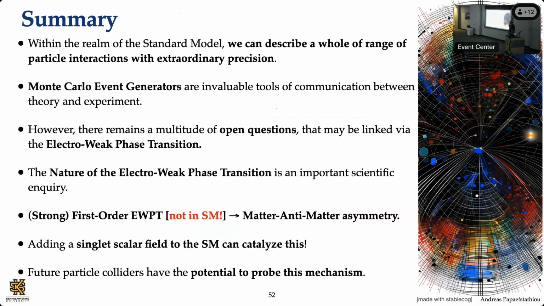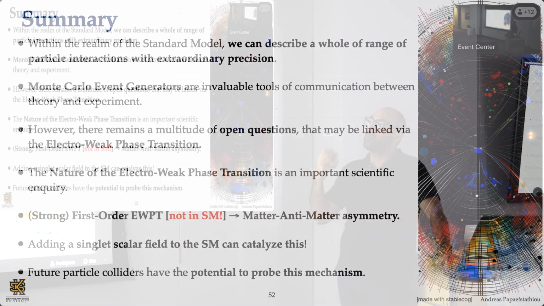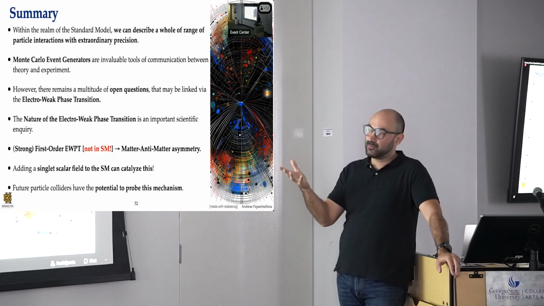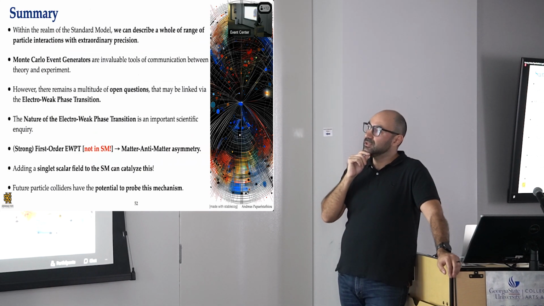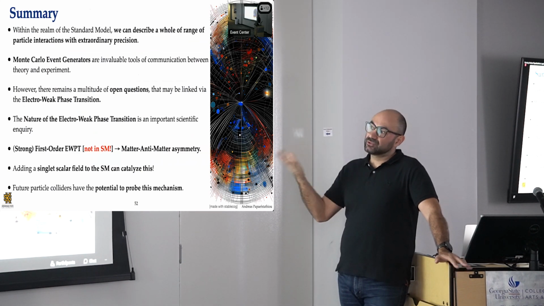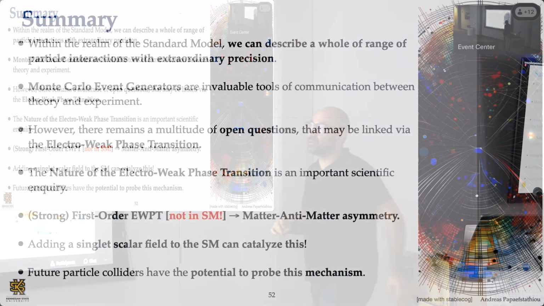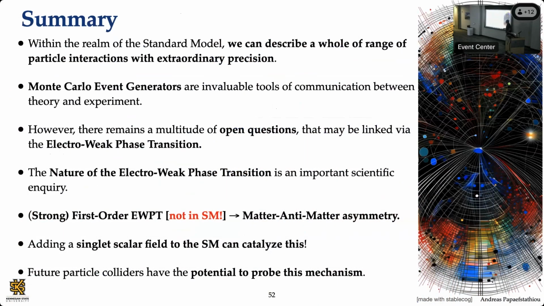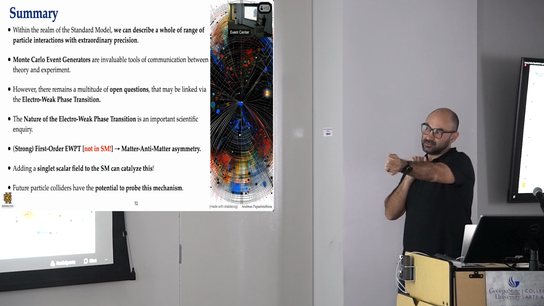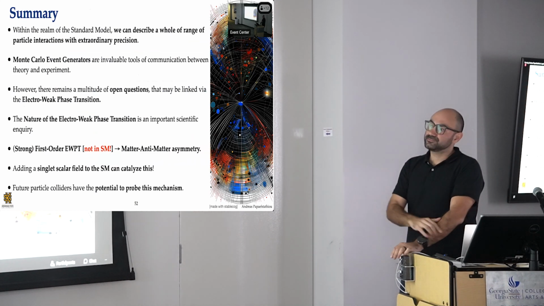So as I mentioned, with the standard model and the known particles, we can describe a whole range of interactions, and the precision is actually extraordinary. I also described briefly what Monte Carlo event generators are, and that they're basically invaluable tools for communicating the theoretical and experimental results back and forth.